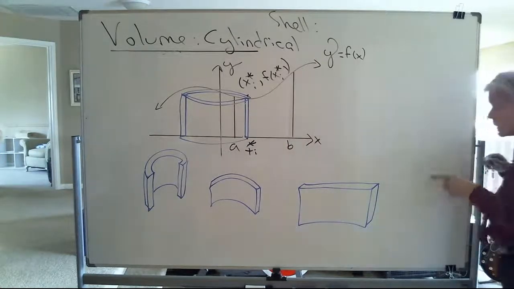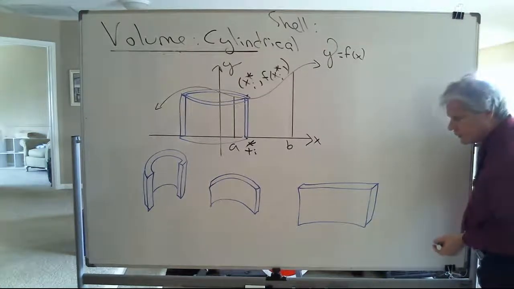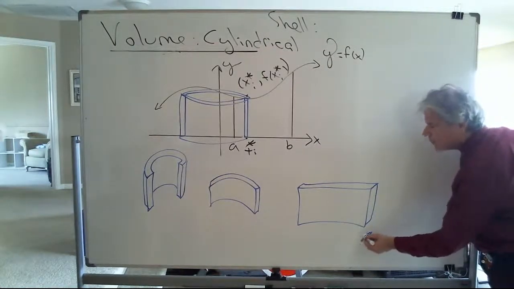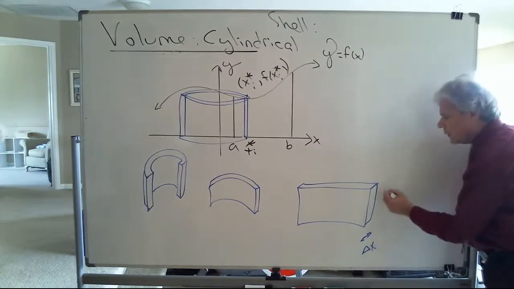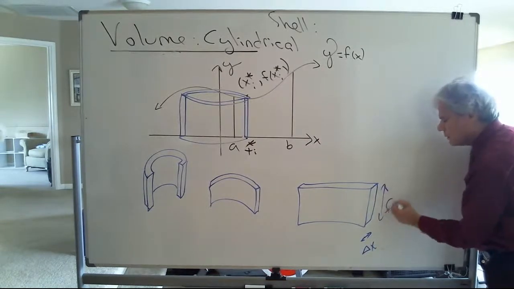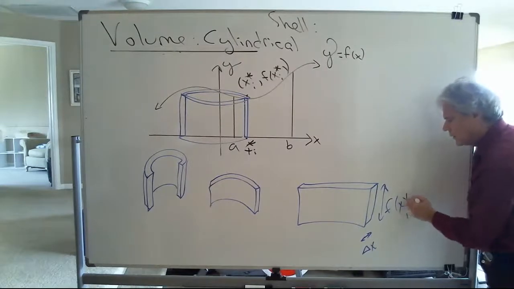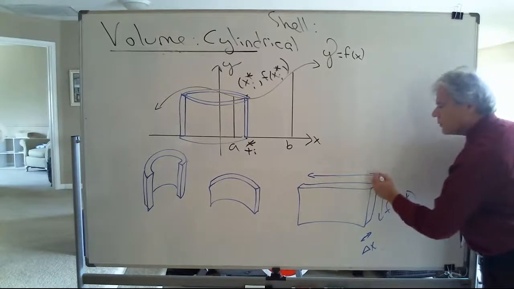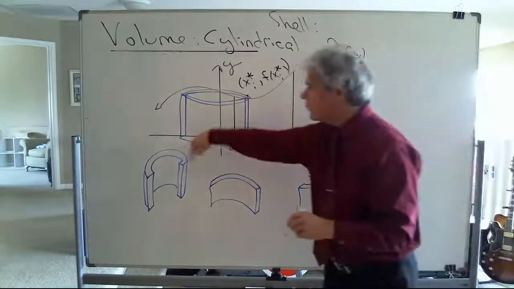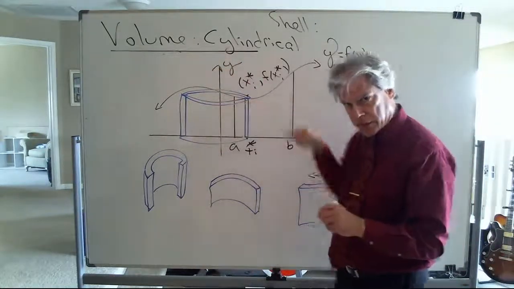If you want to talk about the individual dimensions, I think this one right here is merely a small change in the x direction. This dimension right here is this. Now this dimension here, though, that turns out to be the circumference of the corresponding circle.